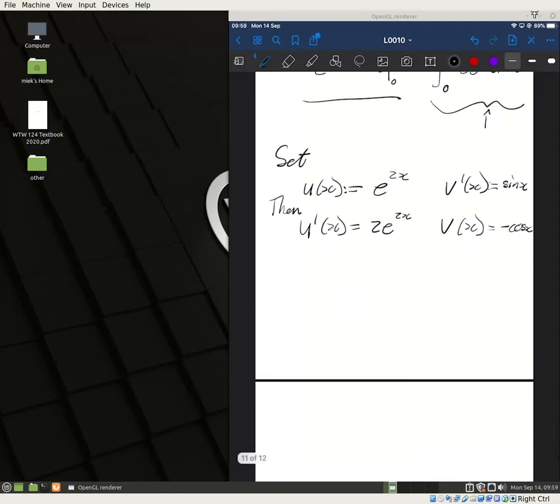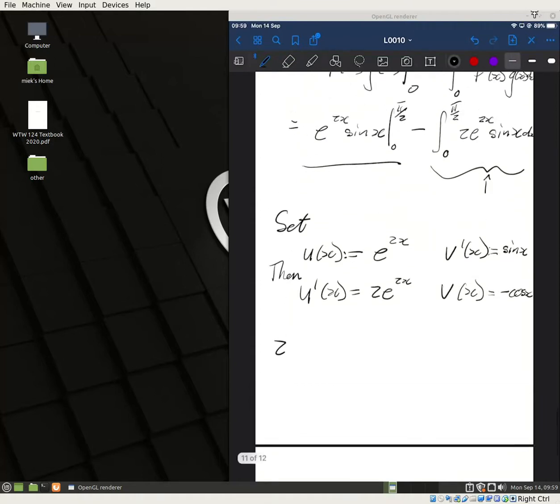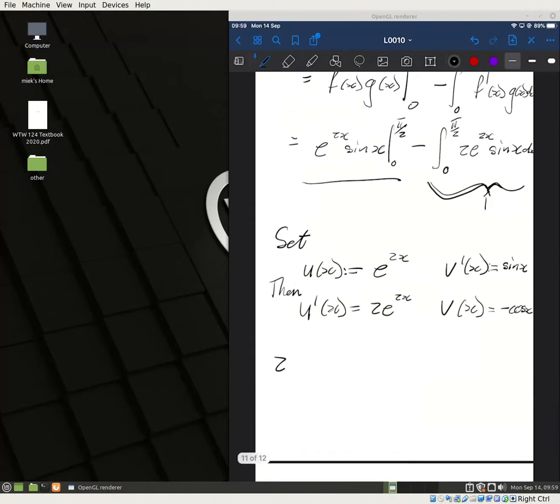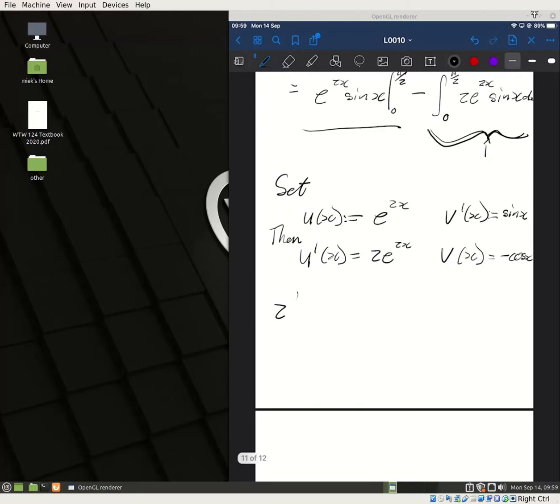Then we see, if we look at now this integral that we have here, I'm going to take this constant 2 out.